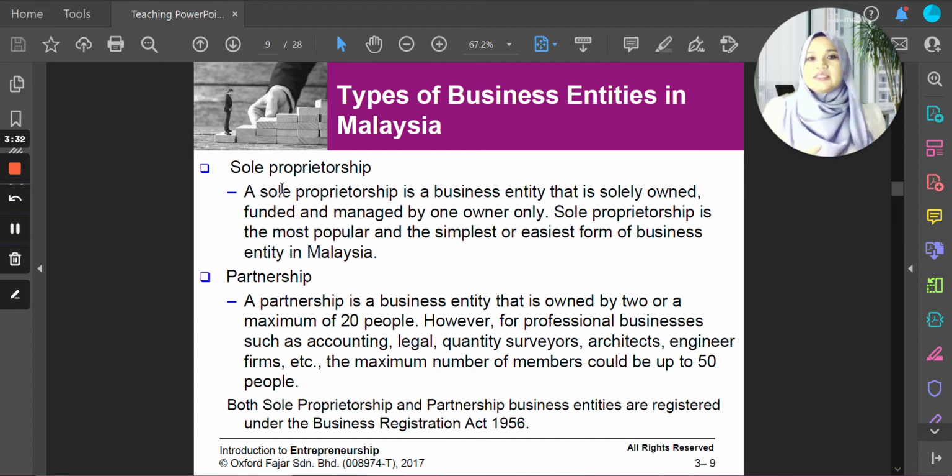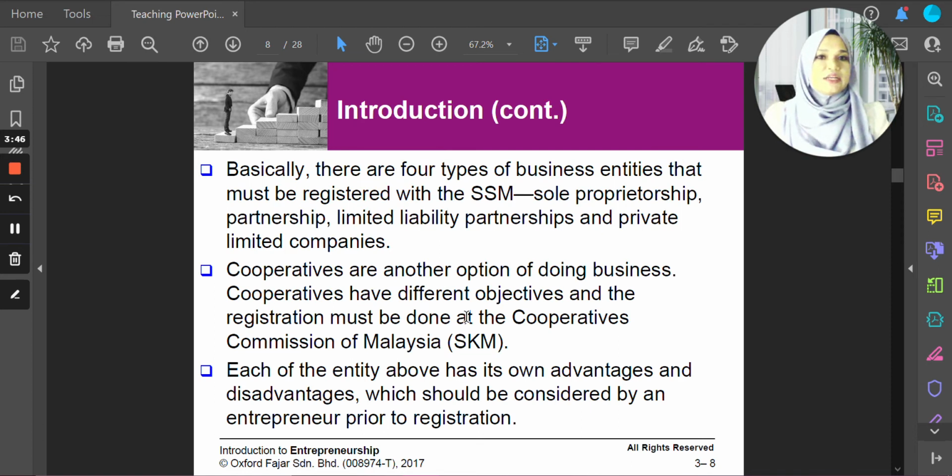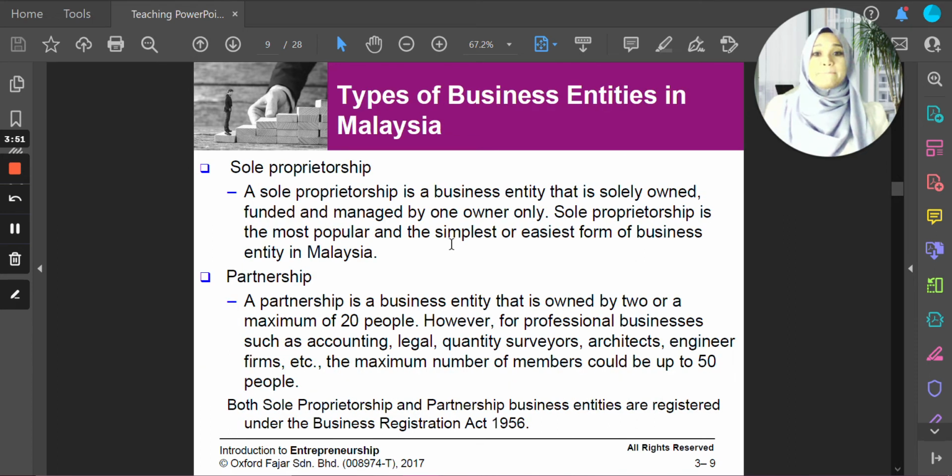If today you feel like you want to open a business, you can go to SSM, the Companies Commission of Malaysia, and register as a sole proprietor.